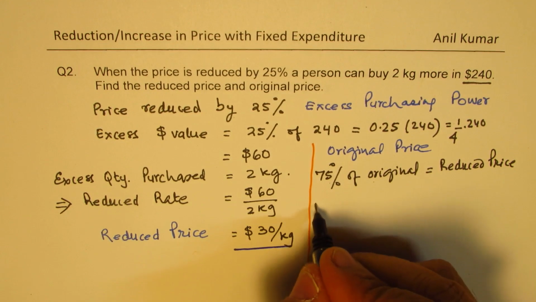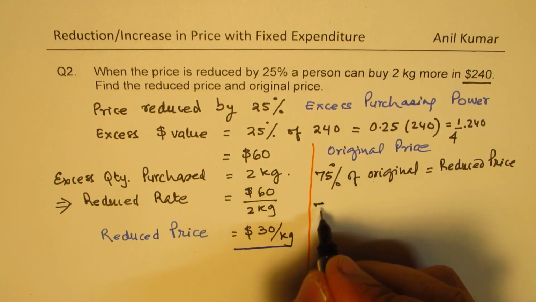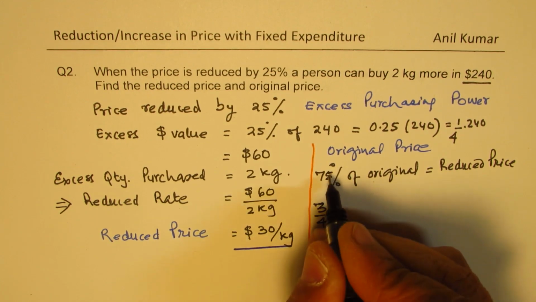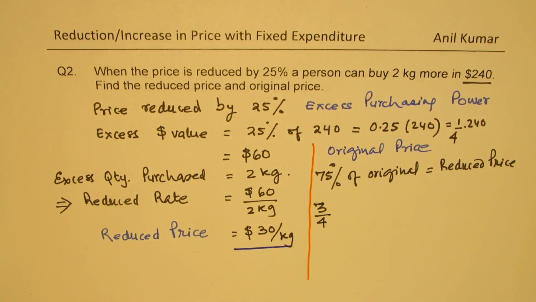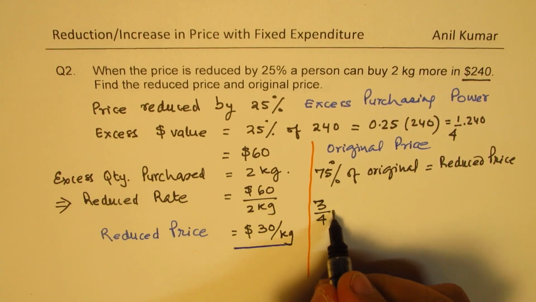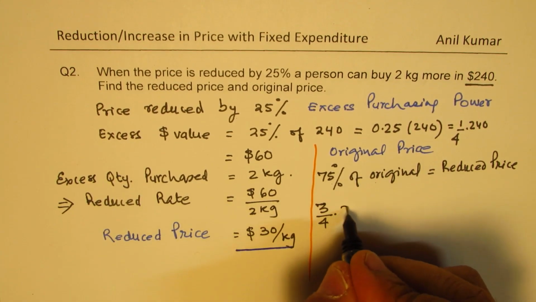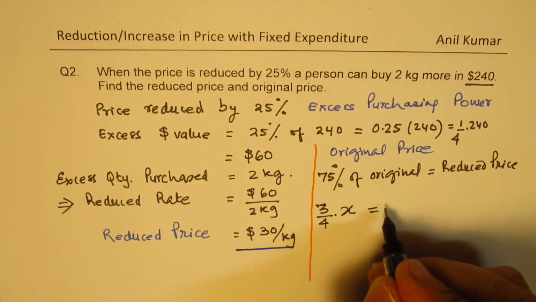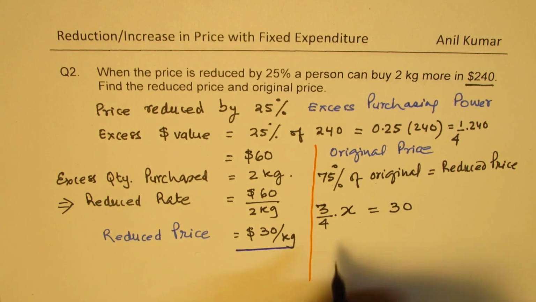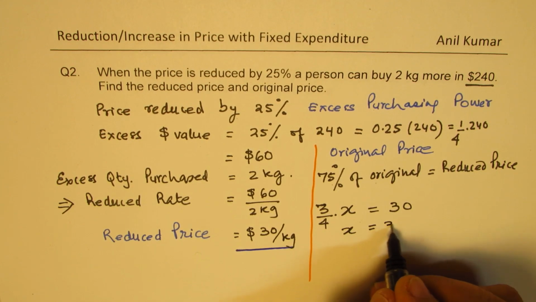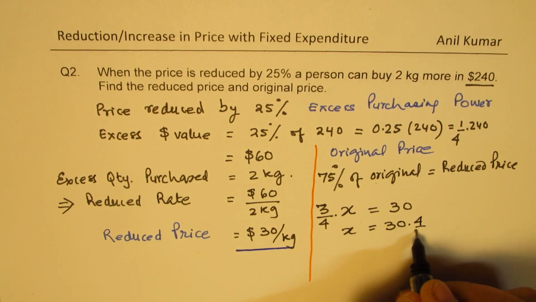So original is X, let's say. 75% I would like to write as 3 over 4. So 3/4 of the original price, which is X, is equal to $30. Does that make sense? So X is 30 times 4 over 3.